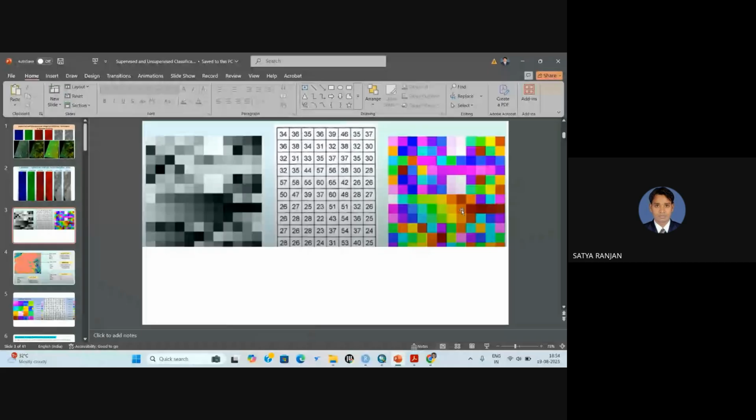All these images have matrix-level information, and each pixel has different information based on its reflectance.